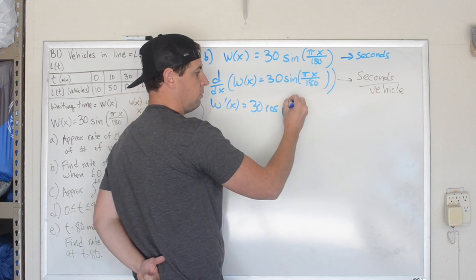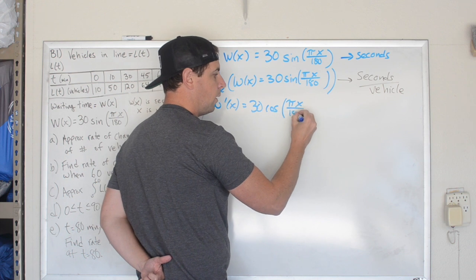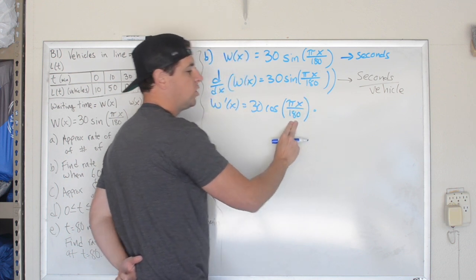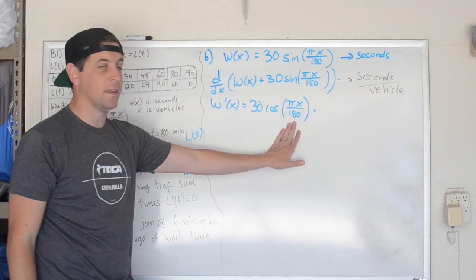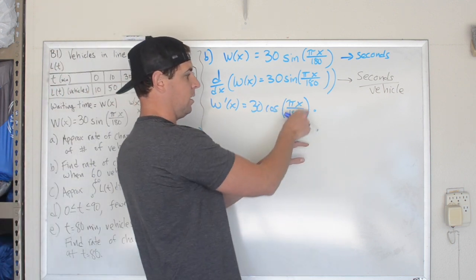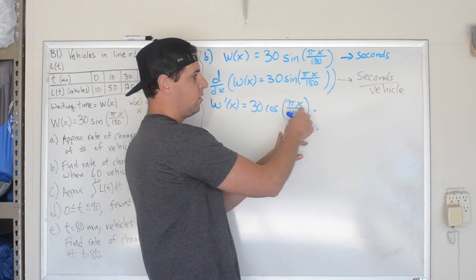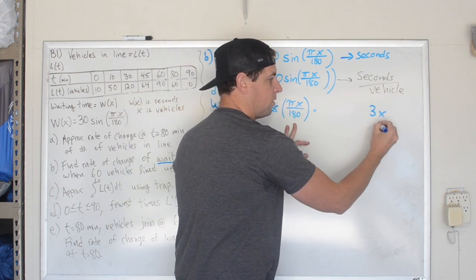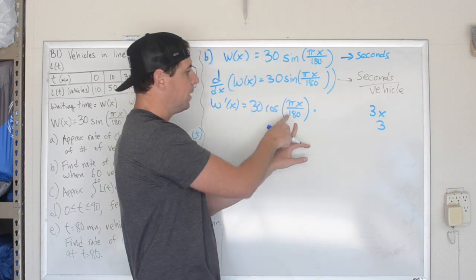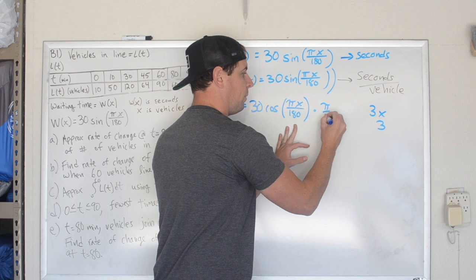So when I apply the chain rule, the first thing I do is write the original times, chain rule says I need to take the derivative of the inside part. The derivative of pi x divided by 180 is, pi over 180 is a constant times x. Like if I took the derivative of 3x, the derivative of that would be 3. The derivative of pi x divided by 180 is just pi divided by 180.